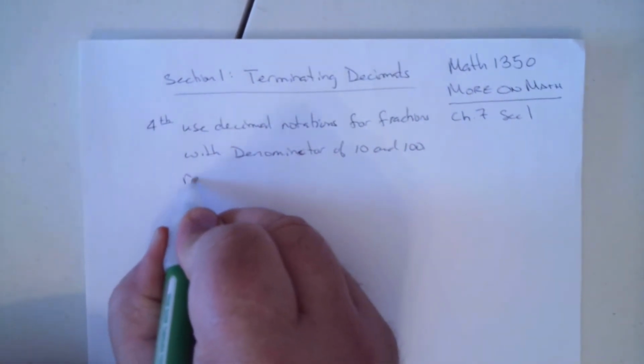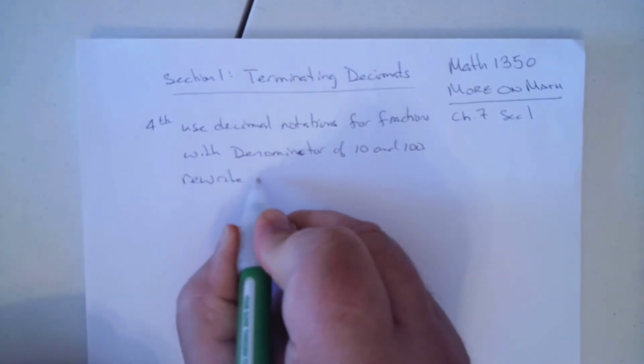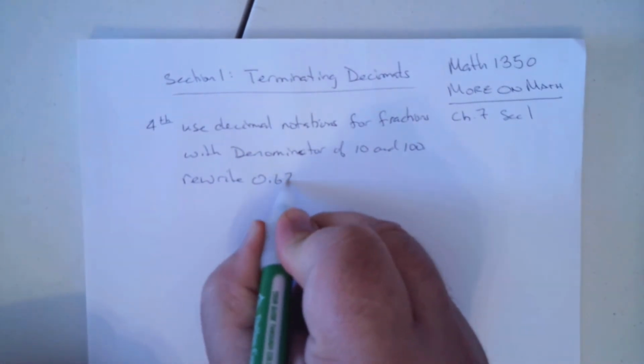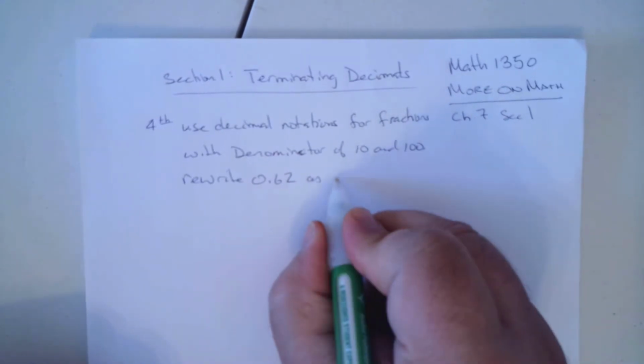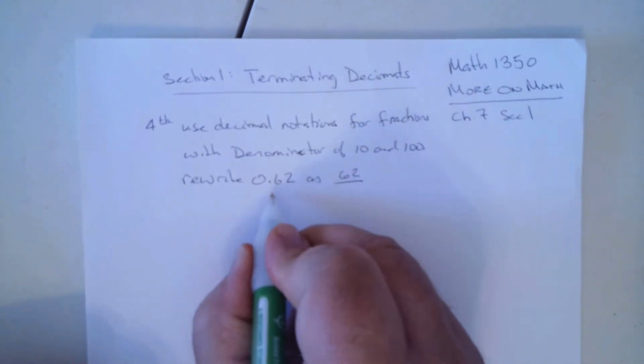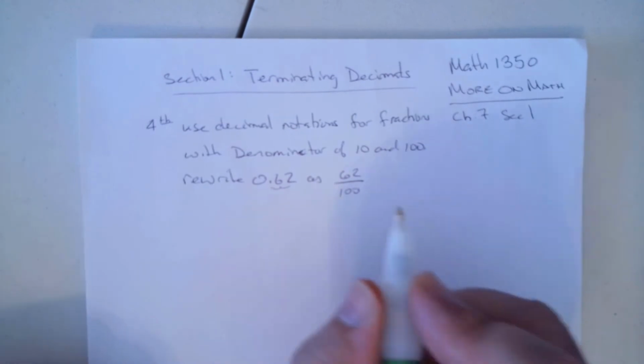They can also rewrite a decimal like 0.62 as a fraction, 62 over 100.